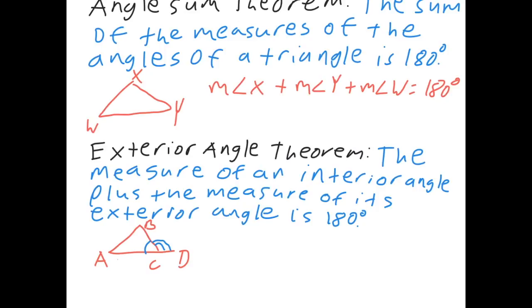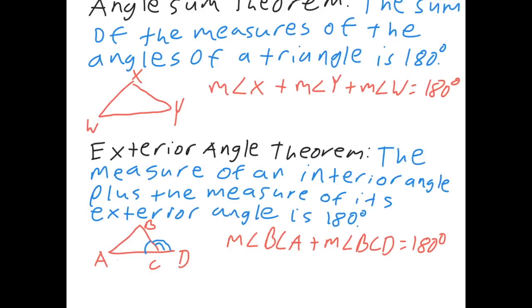So those 2 angles will add to 180. So we can write it like this. The measure of angle BCA plus the measure of angle BCD is equal to 180 degrees.